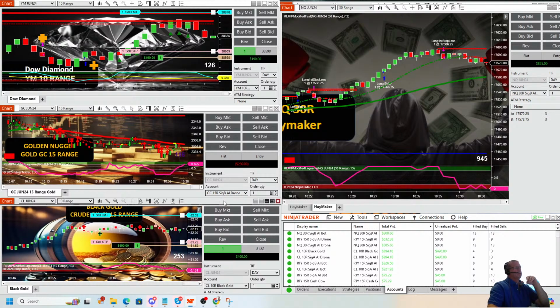Everybody's style is a little different, Rao. And what's great about this system is it can be configured to suit everybody. If you want to trade a scalping strategy, we could set up a scalping strategy, sure.